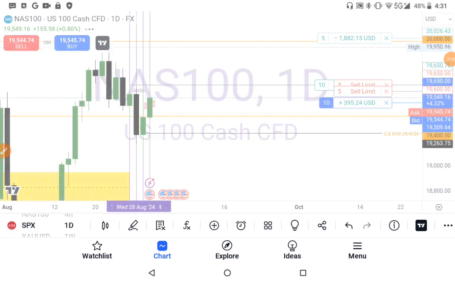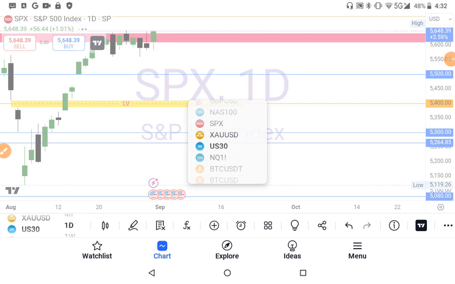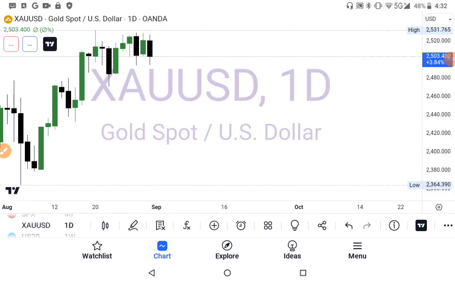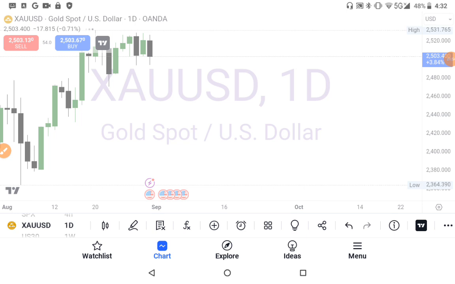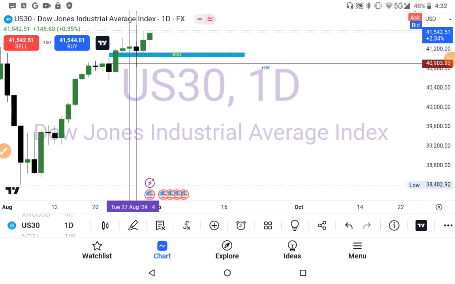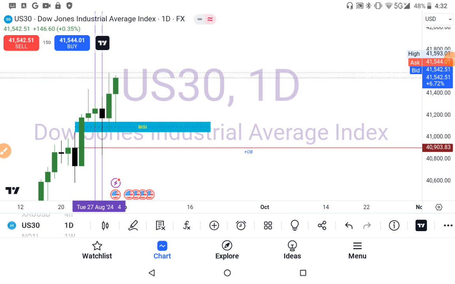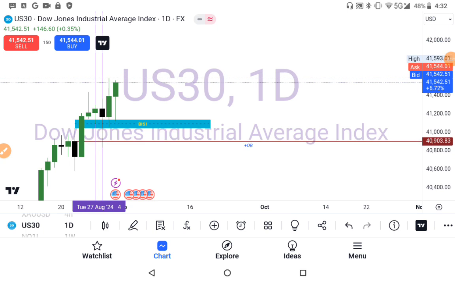Then S&P 500. Okay, let me check Dow before going to S&P 500. On Dow futures last week, I was interested in 41,248 up to 41,423.